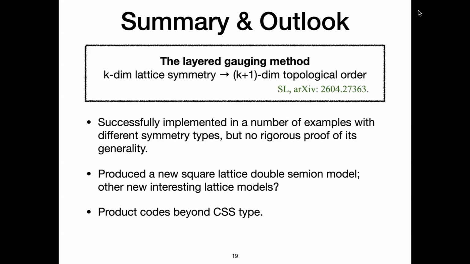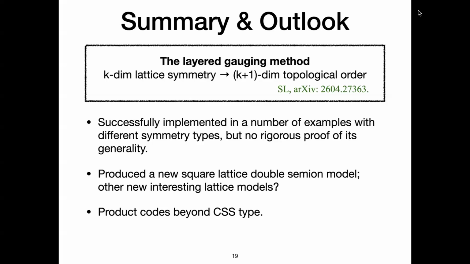Sean, I have a question. What's the significance of having a new square lattice double semion model? Not very significant.